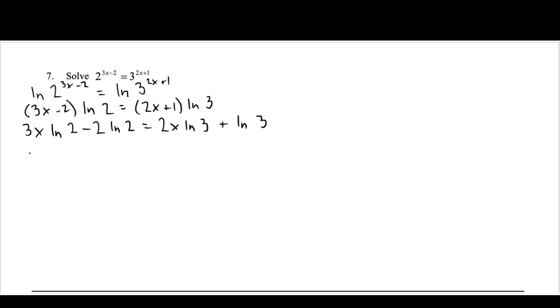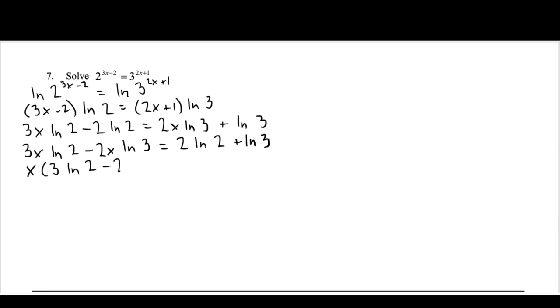When I rearrange those terms, I will get 3x ln 2 minus 2x ln 3 equals 2 ln 2 plus ln 3. Then on the left, we'll pull out a factor of x. So I get x times 3 ln 2 minus 2 ln 3.